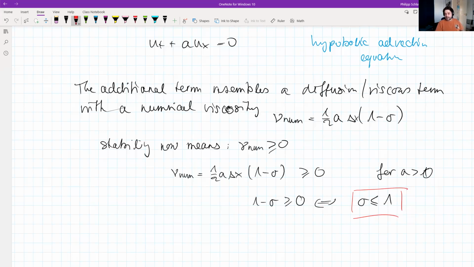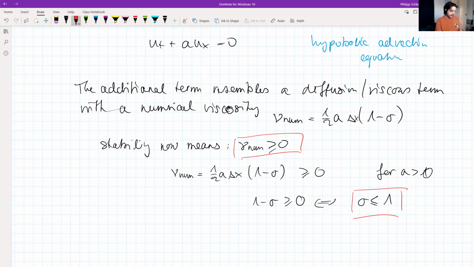So for a stable problem, I need a positive numerical viscosity. That is exactly the condition for stability, and it corresponds to the well-known CFL condition again, sigma lower equal 1, now derived in yet another way.